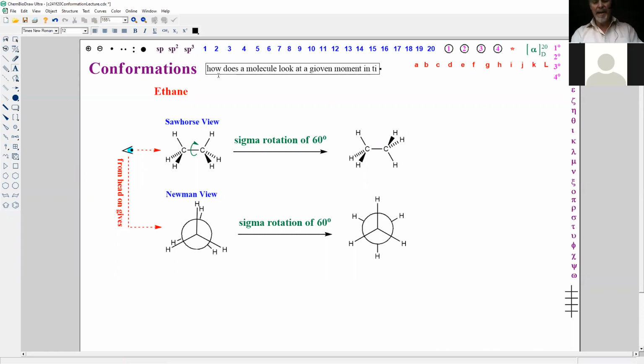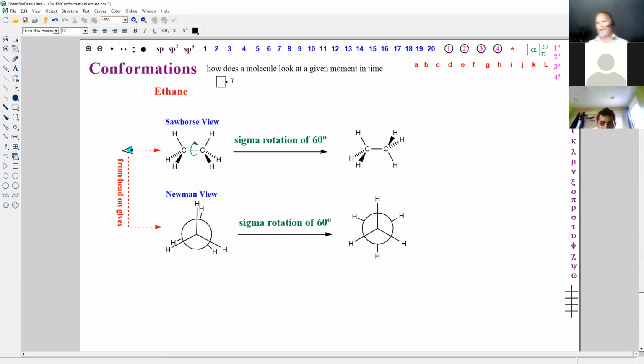And the origin of molecules changing how they look is based on the fact that sigma bonds, and this molecule has nothing but sigma bonds, every single one of those bonds is rotating, and it's happening rather quickly.